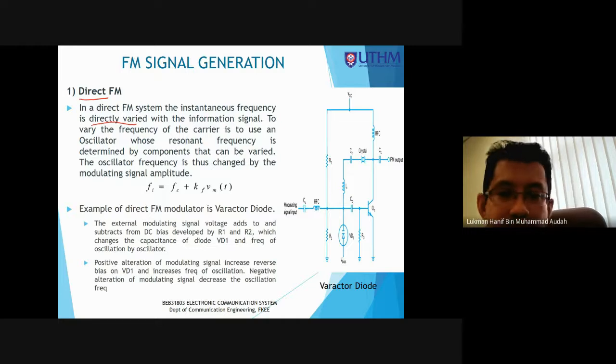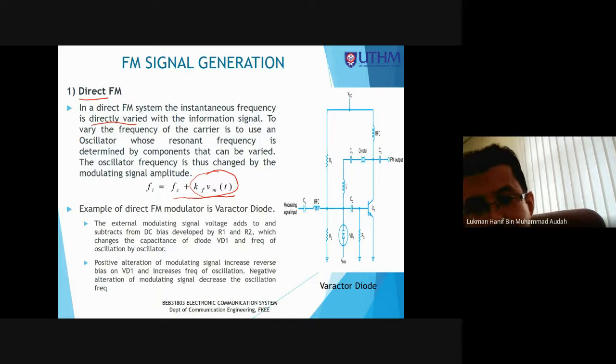Okay, so this is Fi here. This is the output of the modulator, which is Fi equal to Fc plus Kf Vm(t). So the value of Fc is directly varied by the input over here. Okay, so example of the direct FM modulator is the varactor diode. Ini salah satu contoh.